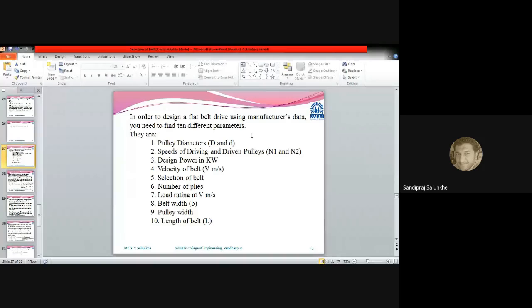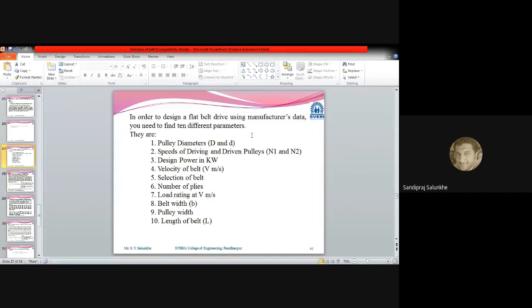Now hereafter I will not call it a design, I will call it a selection. Okay, because it involves formulas, but it doesn't involve the basic formula of stress. That's why basically we are going to select the required belt drive from the manufacturer's catalog by using some basic equations.